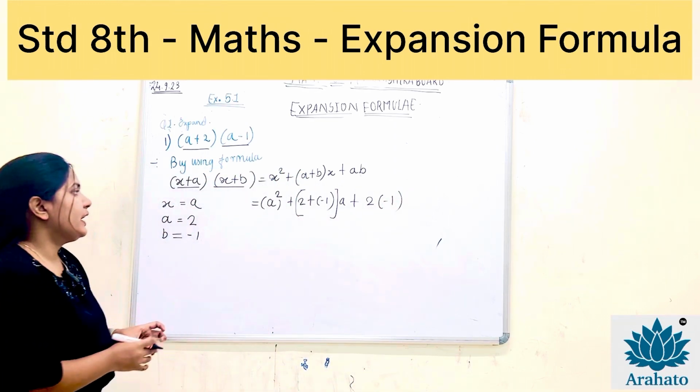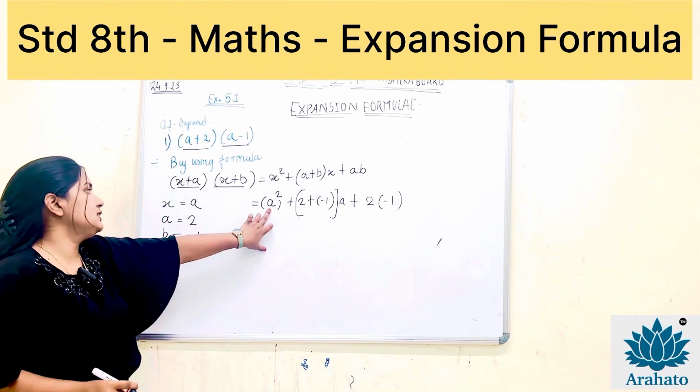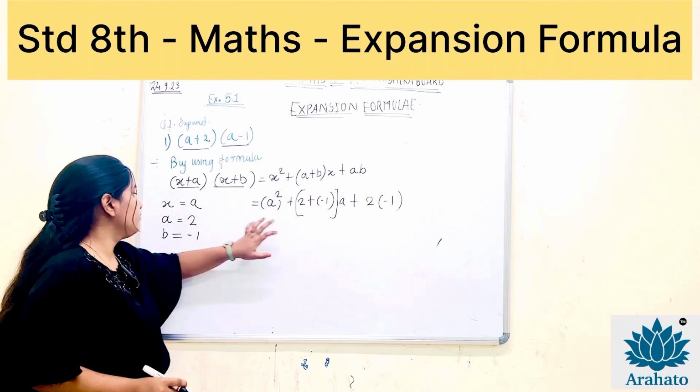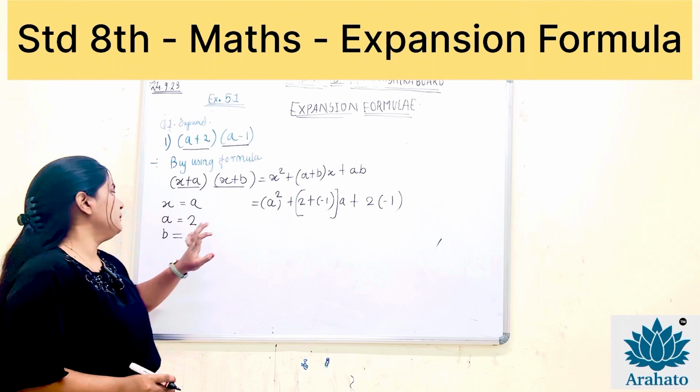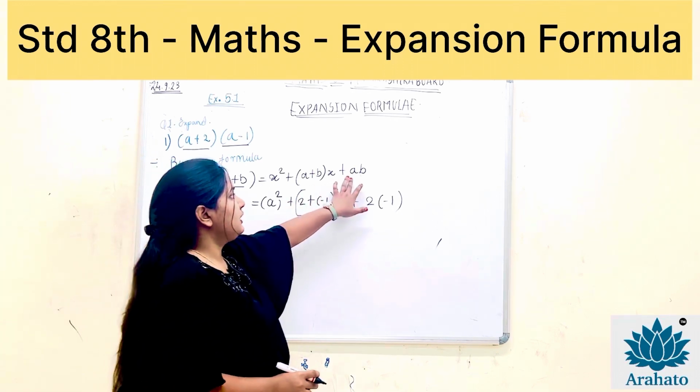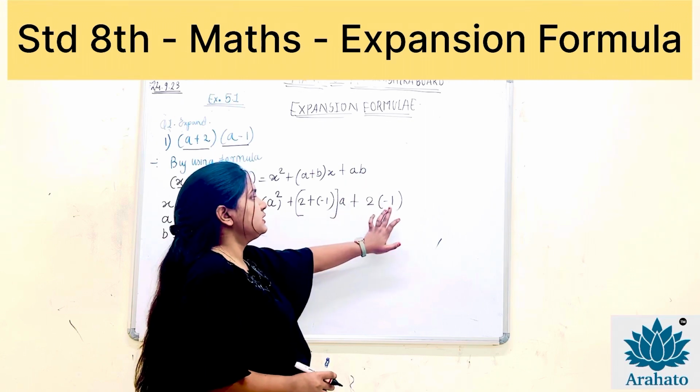So can we say it is right? Yes, x is a, a is equal to 2, b is equal to minus 1.